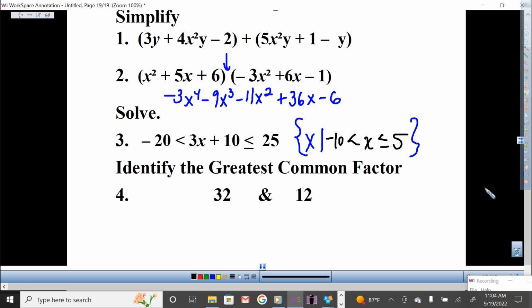That is correct. Number 2 is 31x. Let's double check.